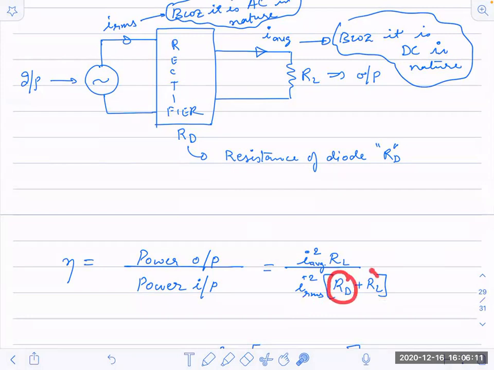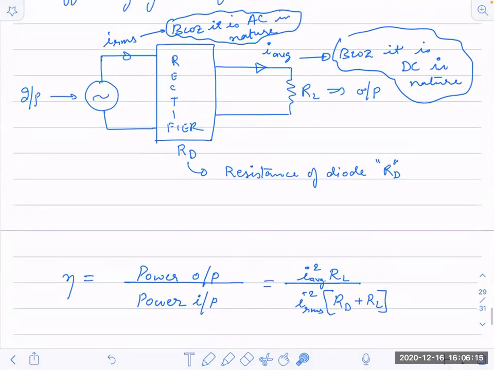Why RD and RL? Because this source will only send that much amount of current, depending upon the resistors connected ahead of it in the circuit. I have the load resistance and the diode resistance also, so both resistances have to be considered.